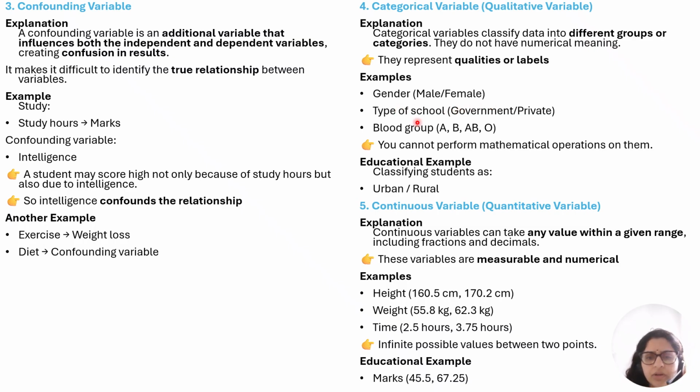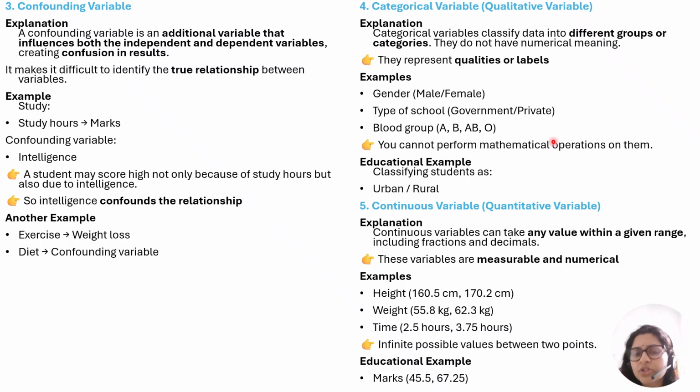Type of school, which can be either government or private. Blood groups A, B, AB, O. No mathematical operation can be done on these, right? One cannot perform any mathematical operation on these categorical variables. They just divide the variables into different categories.